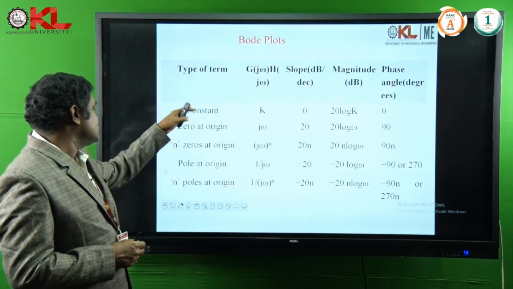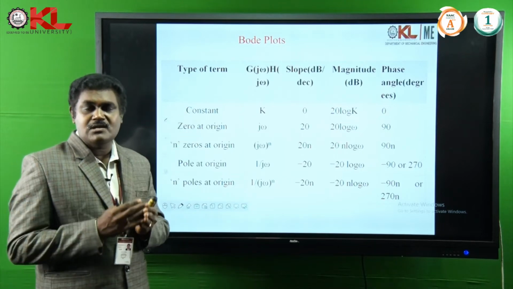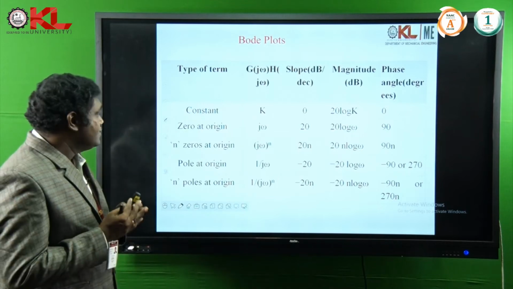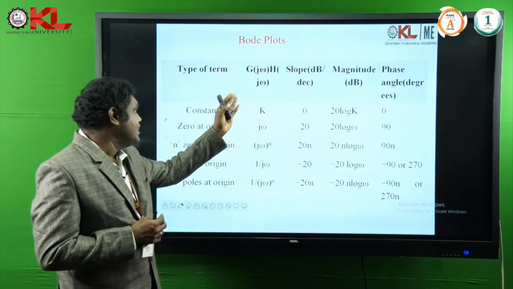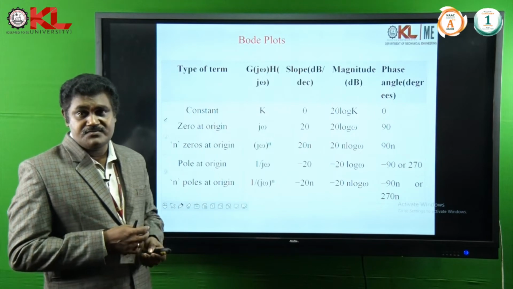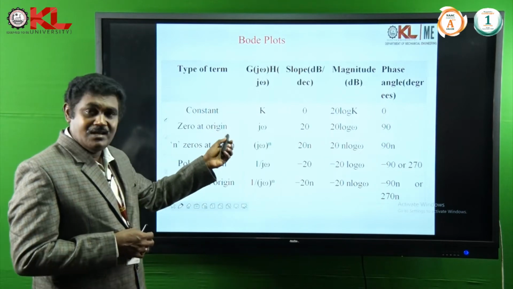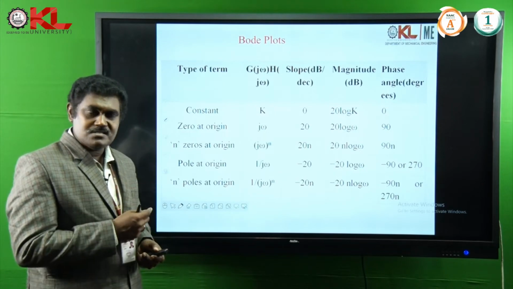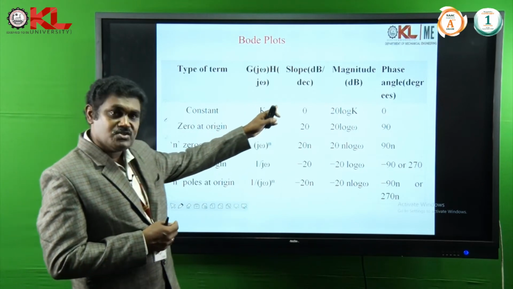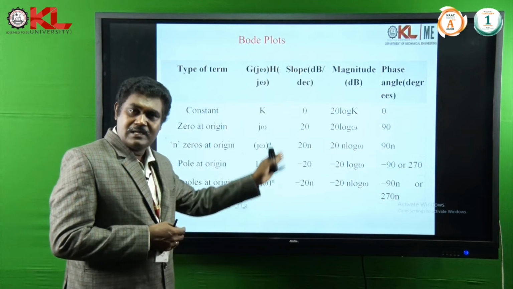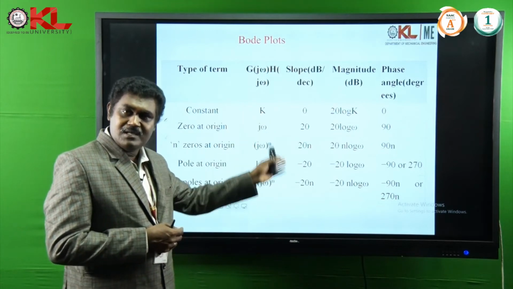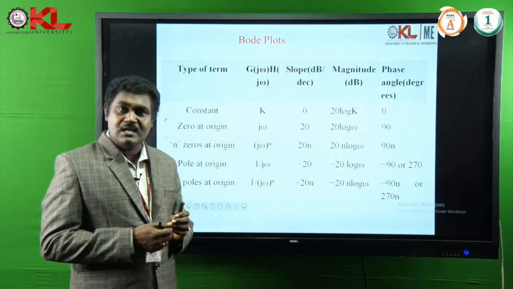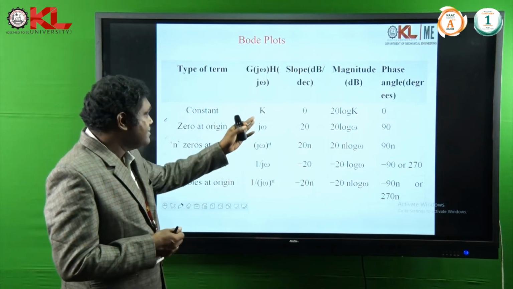If you have a constant function, where the transfer function is only a constant value, then G(jω)H(jω) is that constant K. The slope for that curve is 0, calculated in decibels per decade, so 0 dB per decade.